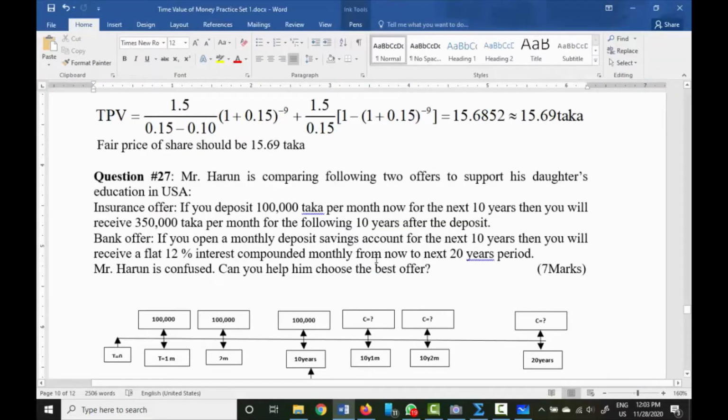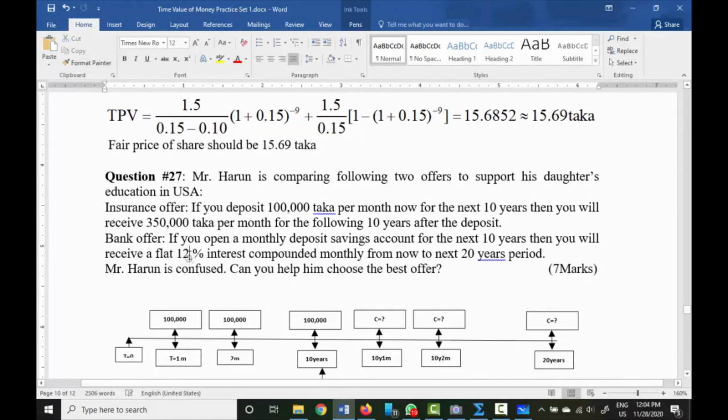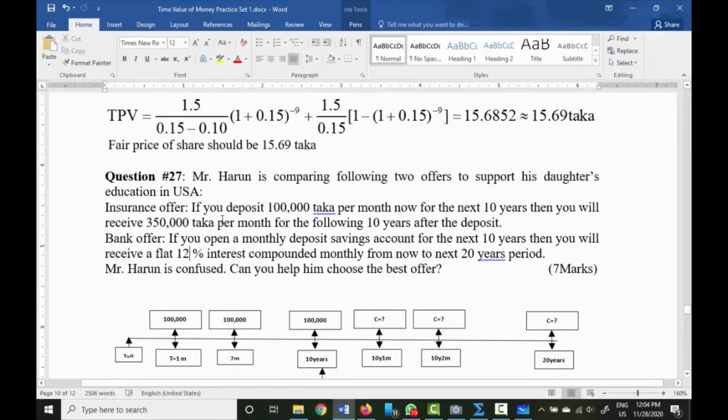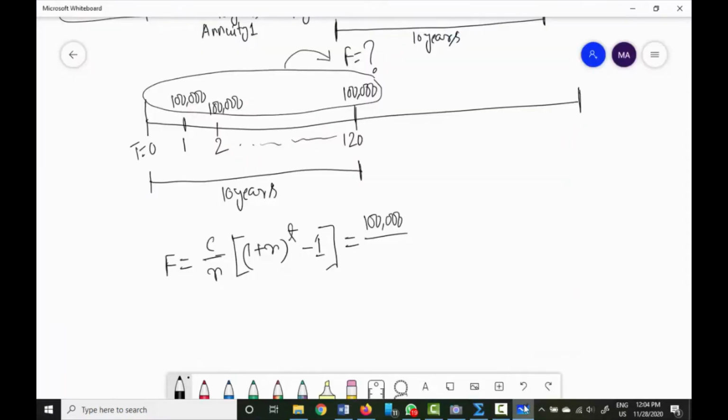The interest rate is 12% compounded monthly. So the bank will give you a flat 12% interest compounded monthly for the next 10 year period.